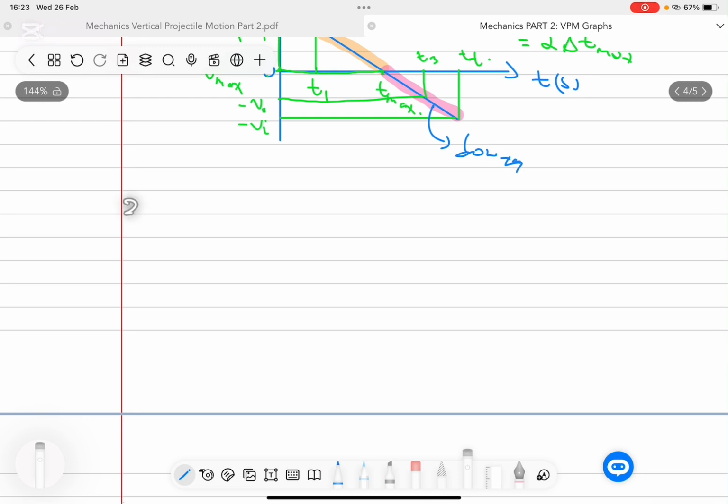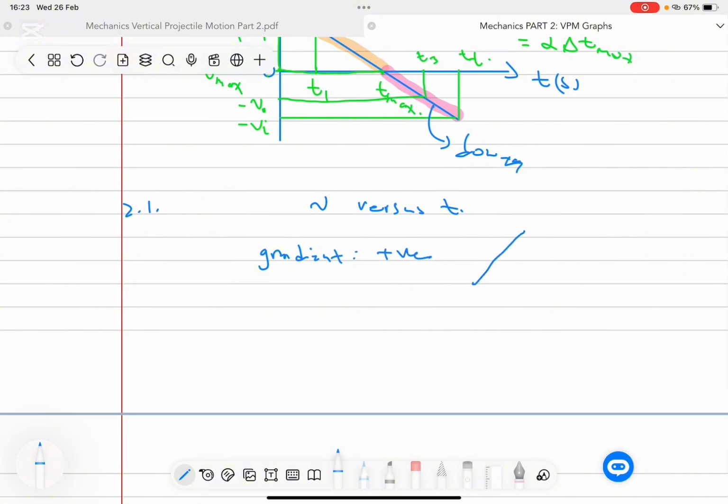I will say now I'm doing 2.1. We are drawing the velocity versus time graph. Now when we want to draw this graph, the first thing that we have to realize is that the gradient is actually positive. That means our graph should be uphill.